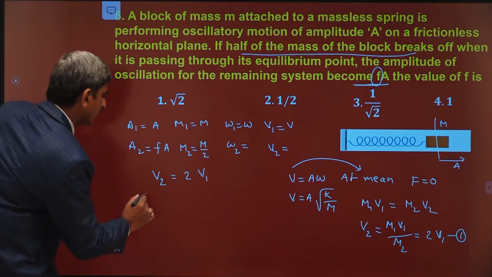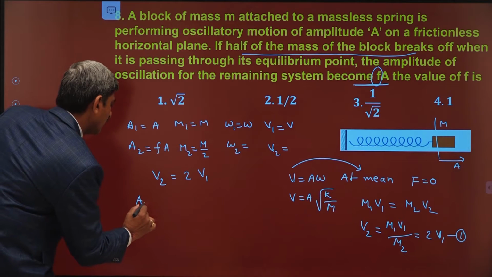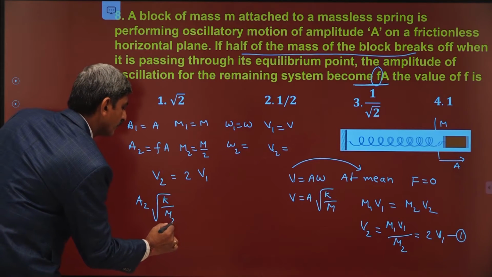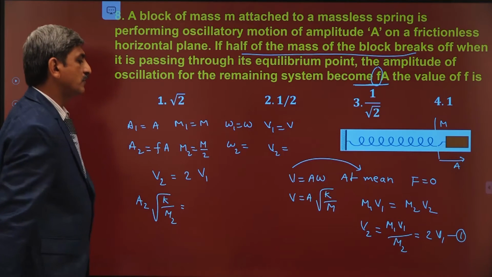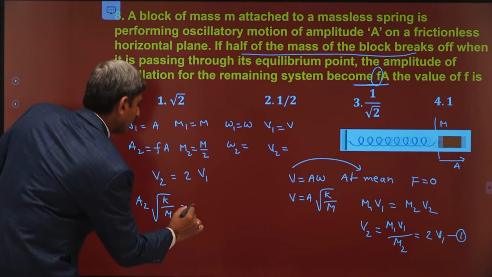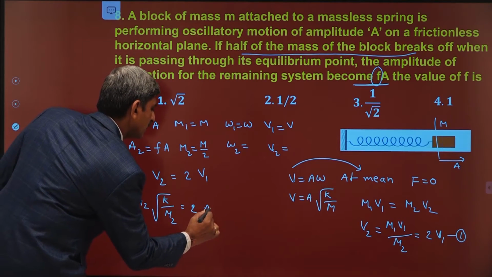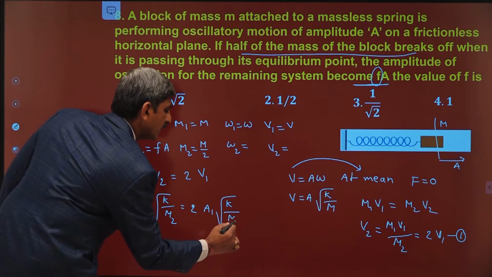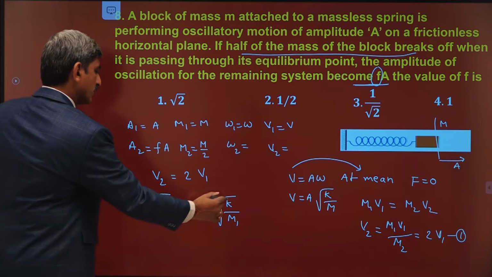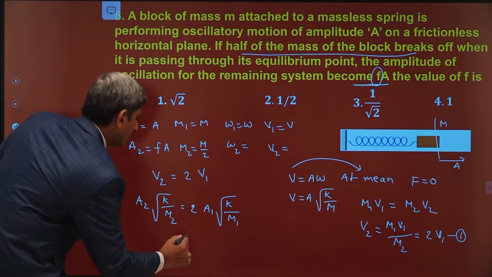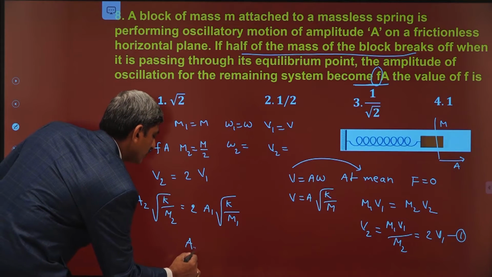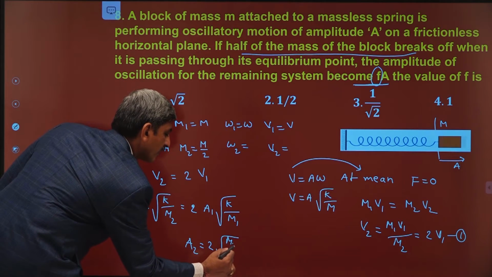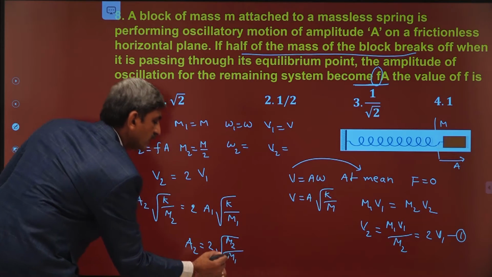From this we can write it as A2 root k by m2 is equal to 2 times A1 root k by m1. So k cancelled and we have A2 is equal to 2 of root of m2 by m1 times A1.